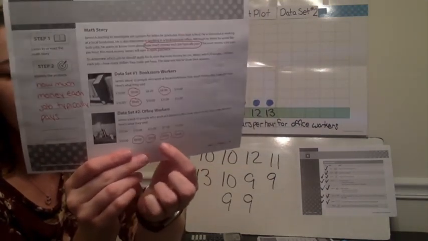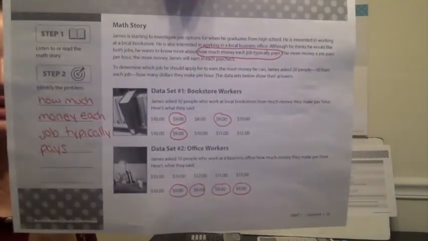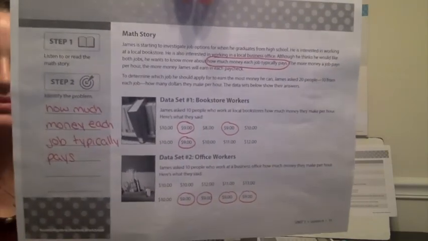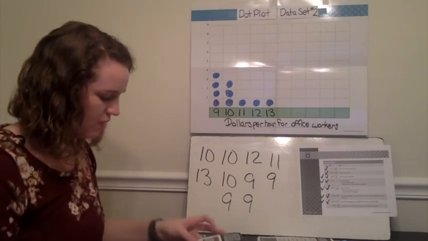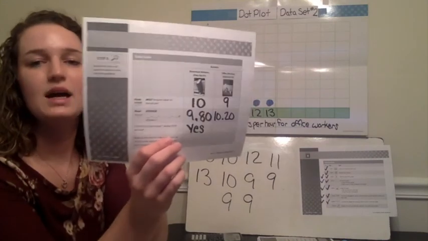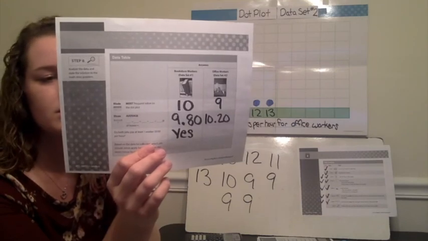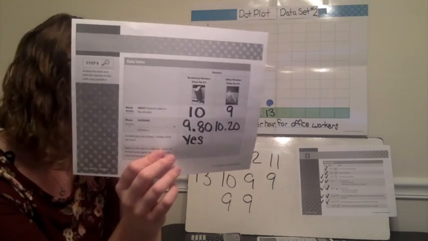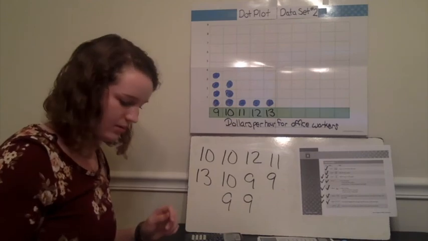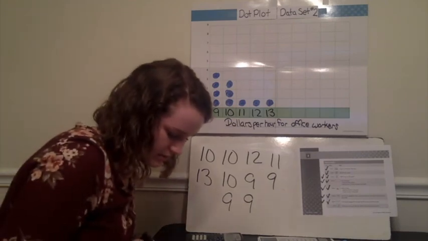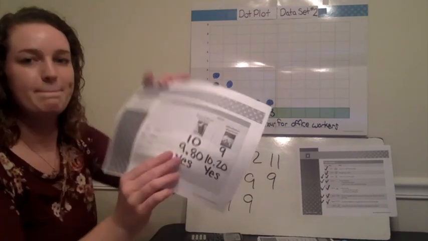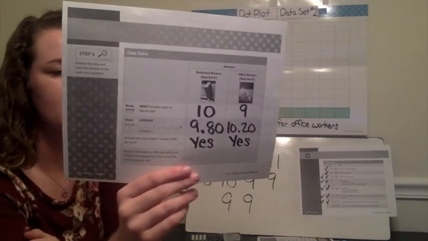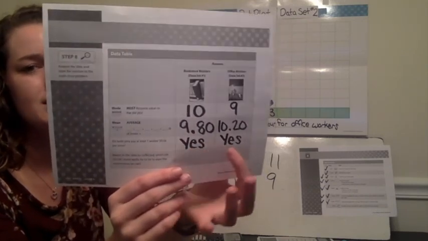So there are 4 people where they pay them $9 an hour. Okay. So our question was, do both jobs pay at least one worker $9 an hour? And we found that, yeah, they pay 4 people $9 an hour. So we're going to put yes. Just like that. So both of those will be yes.